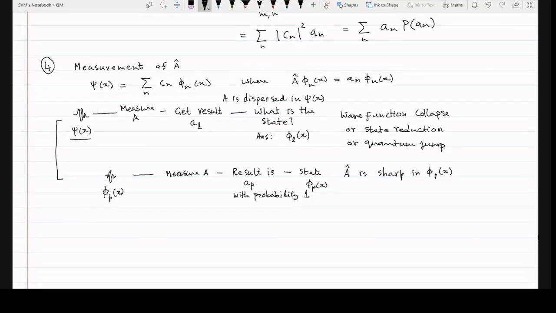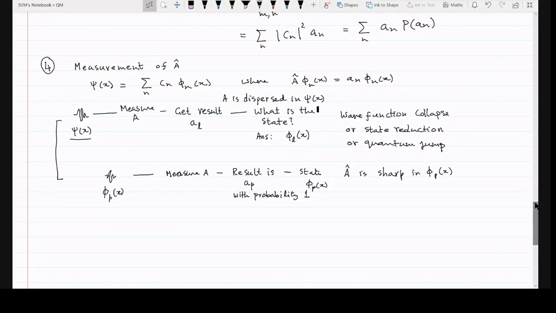But after seeing the result AL, you ask what the state is. The state is the corresponding eigenstate. If the incoming state is an eigenstate, the result is the corresponding eigenvalue. If the result is one of the eigenvalues, then the state is the corresponding eigenstate. This is what happens in the wave function collapse.